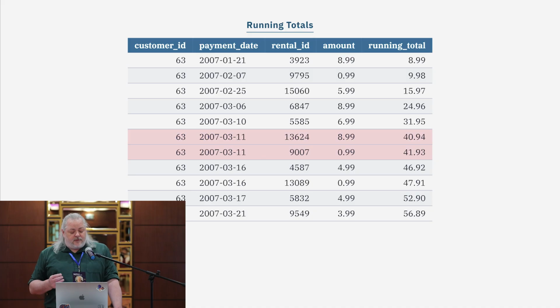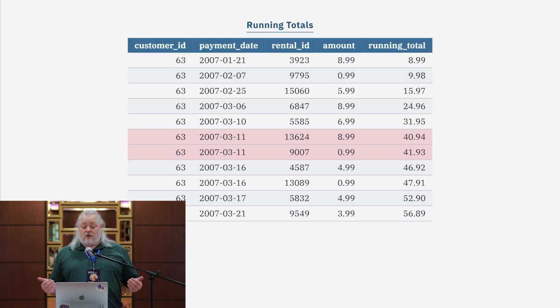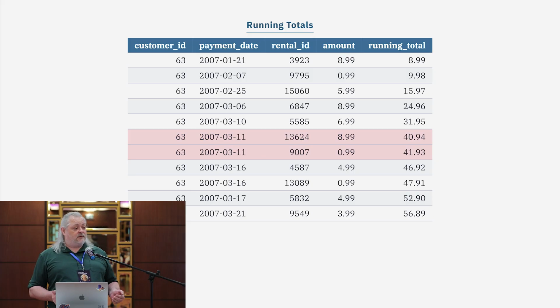I have two rows with the same date, March 11th, 2007, but my running total is different. So which one is correct? Was the running total up until that date 40.94, or was it 41.93? It's inconsistent, and we don't know.